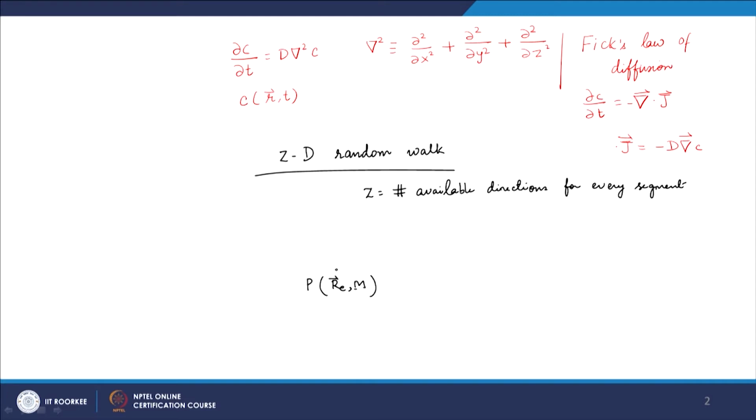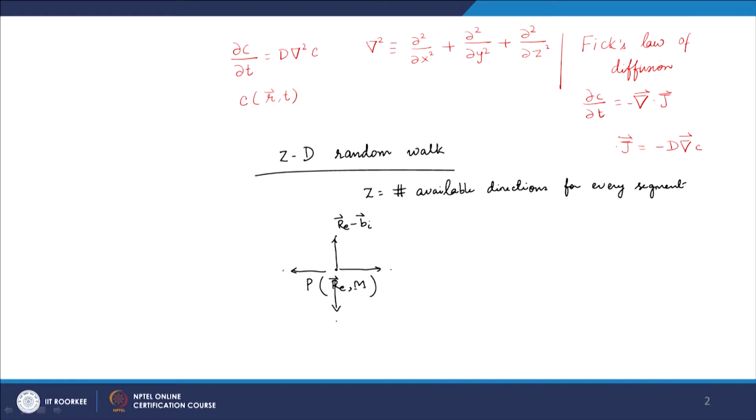But to be here in m steps, we must be somewhere near it in the previous step. To be more precise, I must be at a position R e minus b i, where b i indicates all available directions for the chain movement.